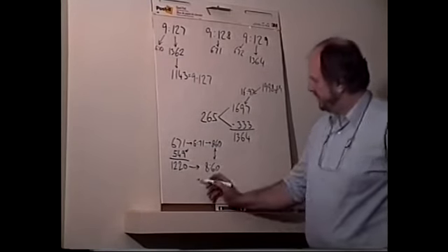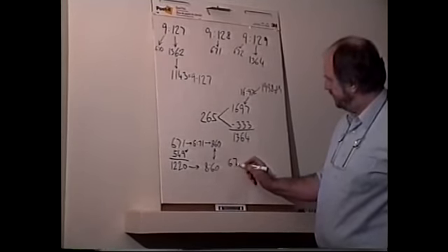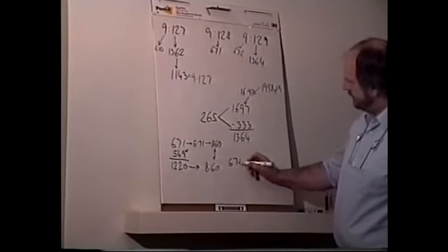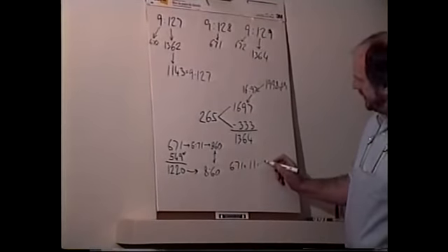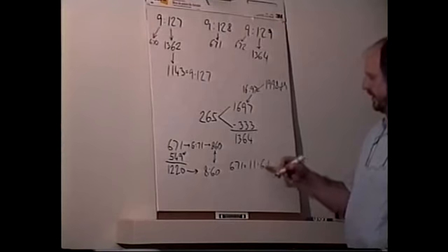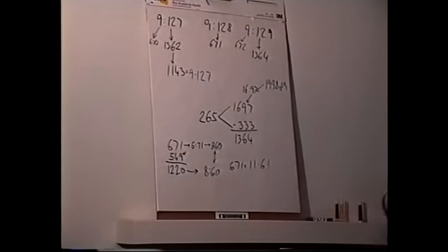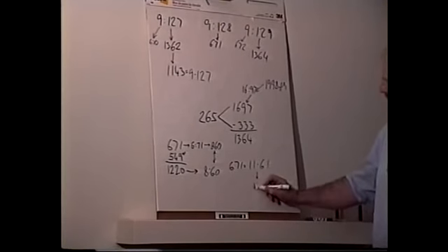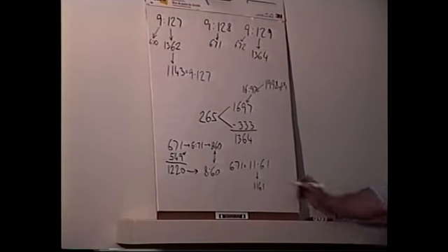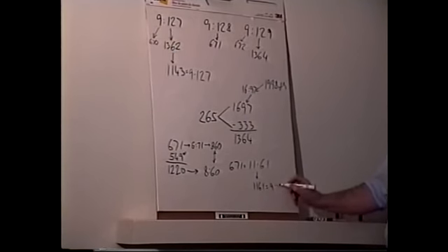In addition, 671 is 11 times 61. Both are prime numbers, so that's the only way you can factor this number. And it so happens that the number 1161, you can see it adds up to 9, gives you this.